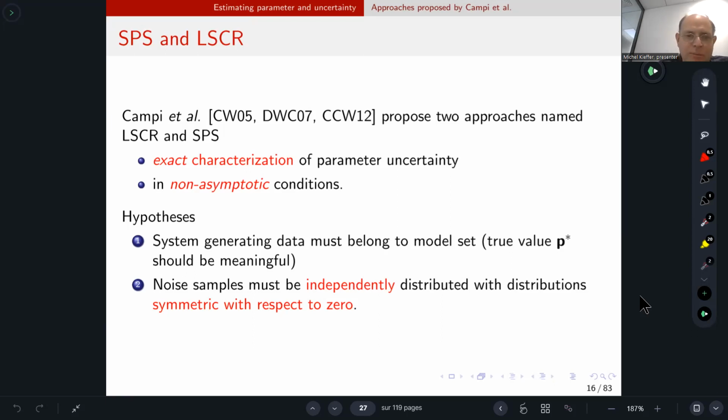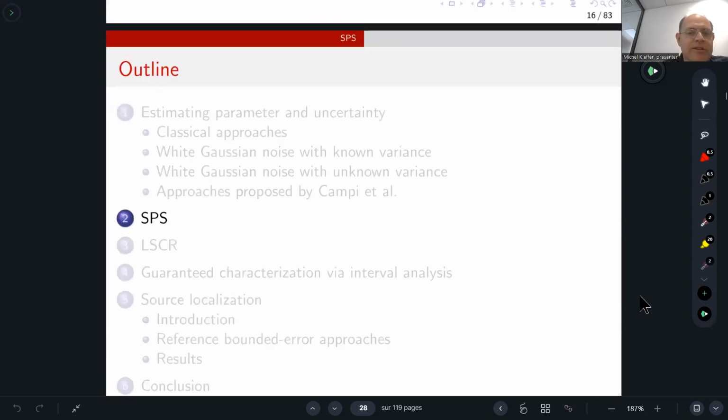So probably the strongest assumption is the independence. But if the distribution is not independent, there are tricks that may be used in more recent papers that address this situation. But one of the main hypotheses is that the distribution has to be symmetric with respect to 0. Okay? So from now on, I will detail both of these approaches and see how we can characterize the confidence regions defined by these approaches.